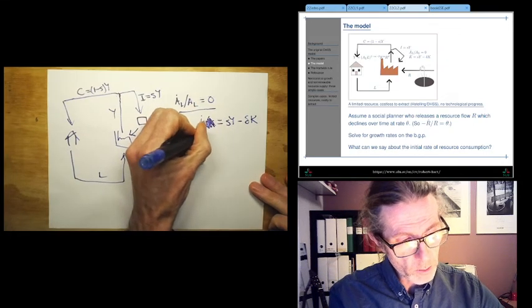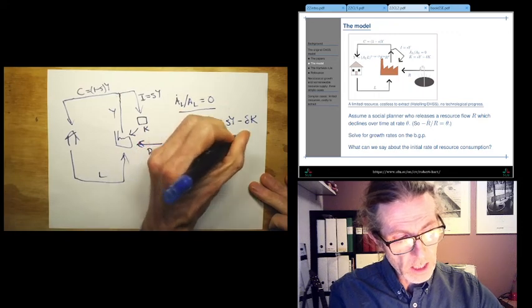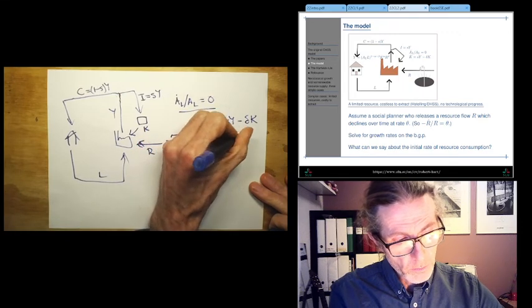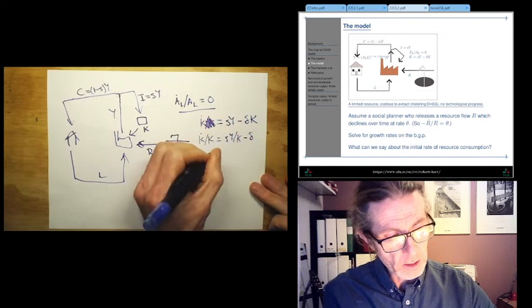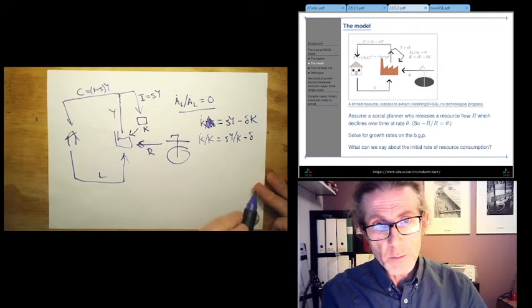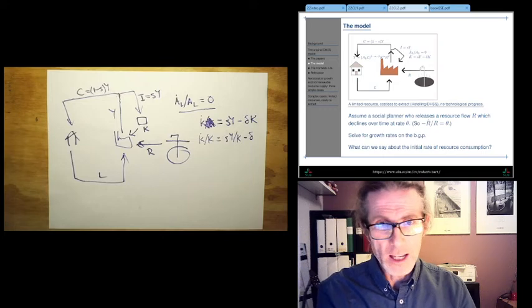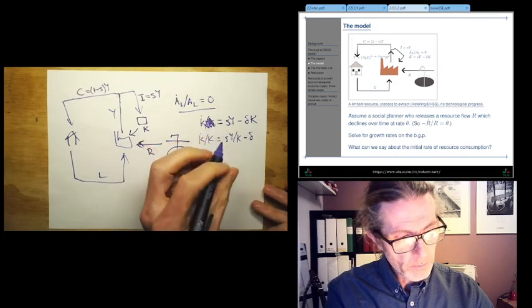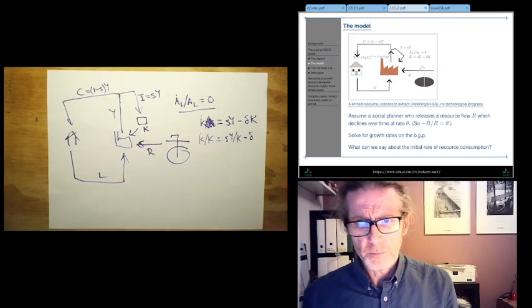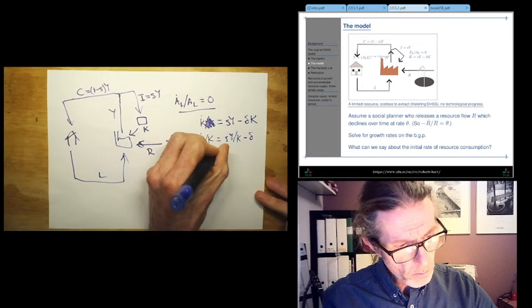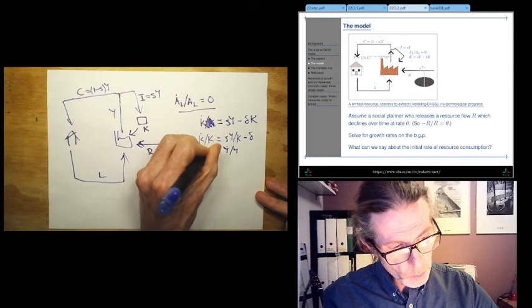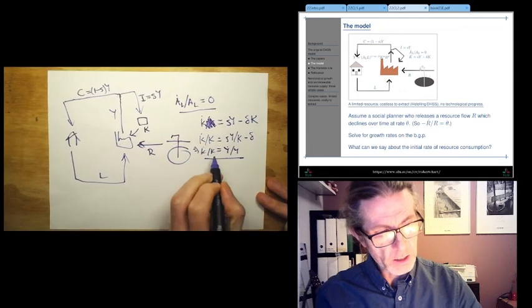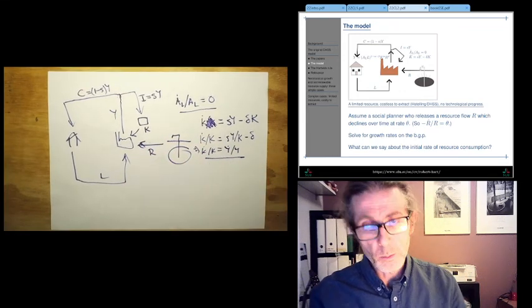On a balanced growth path, we must have K dot over K constant, but K dot over K is S Y over K minus delta. So Y over K must be constant, so K dot over K equals Y dot over Y. Since we've assumed a BGP, this tells us that these must be growing at equal rates.